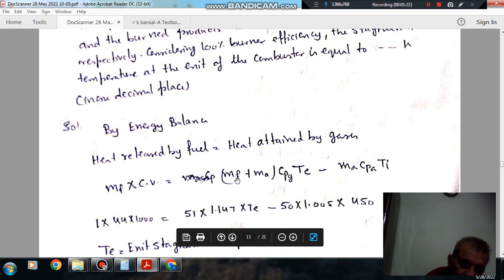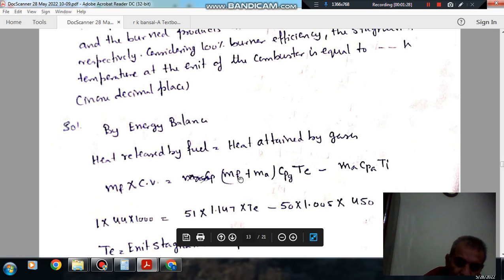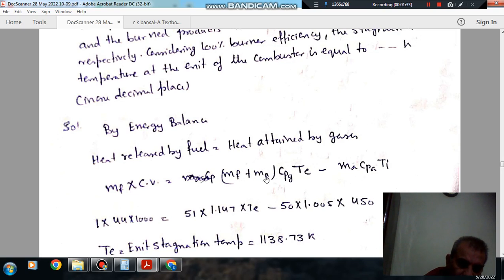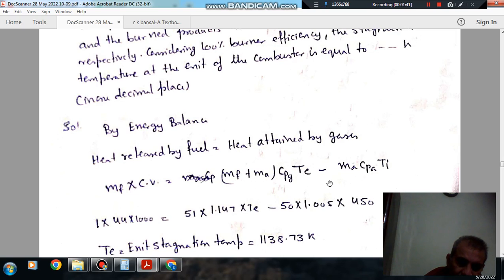heat attained by gases is (mf plus ma) because finally there are gases, and that is a mixture of fuel and air. So we'll take mf and ma, and this is the final heat attained by the mixture, and cpg is your specific heat of gases and T is your exit temperature, minus ma cpa Ti.